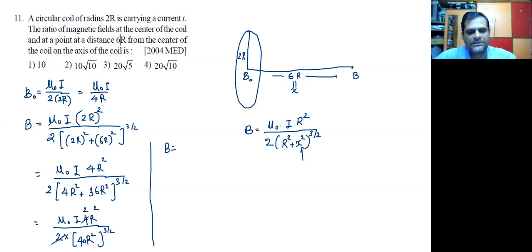So finally we can just say that this B will be actually equal to 2 times of mu naught I r square, that is to be divided by, here it comes out to be 40 raised to 3 by 2 and r square raised to 3 by 2.